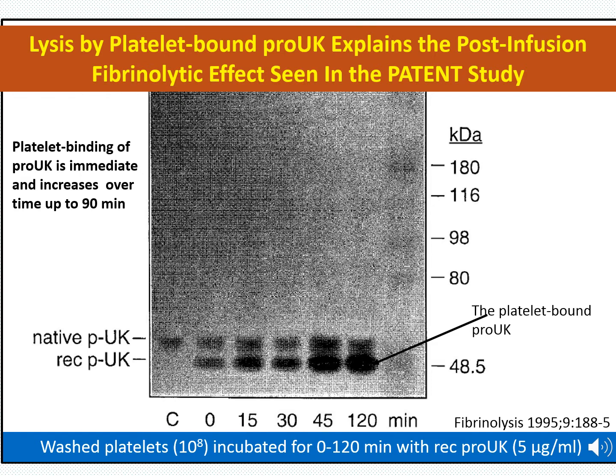These are lysis bands of platelets, meaning that there's a fibrinolytic on the platelet. And in this case, under C, it's the native Pro-UK that is on the platelet. So this occurs also in nature.